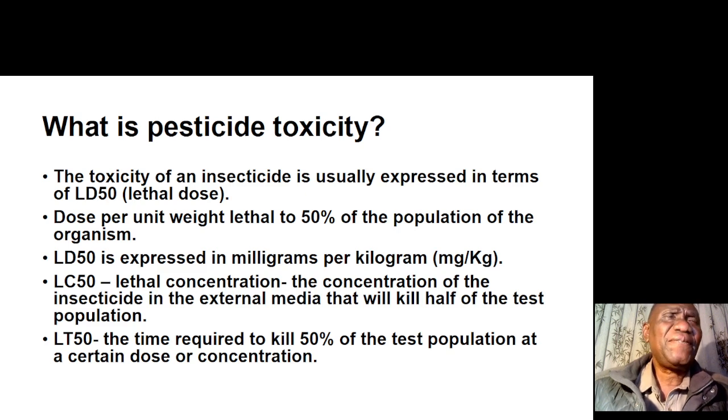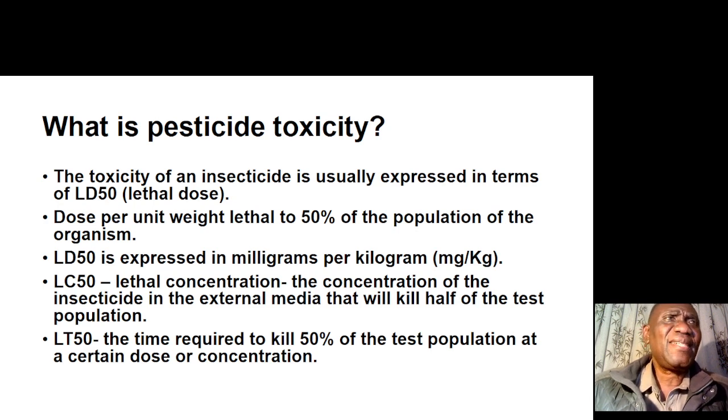So the LD50, which is a measurement of toxicity, is expressed in milligrams per kilogram, or mg per kg of body weight. The LC50, on the other hand, is the lethal concentration.